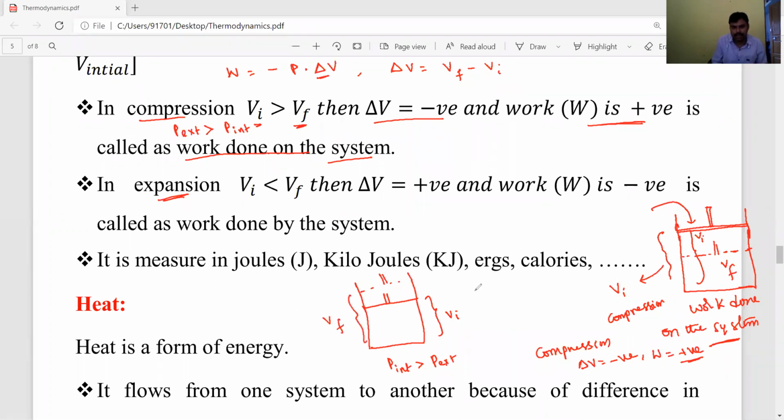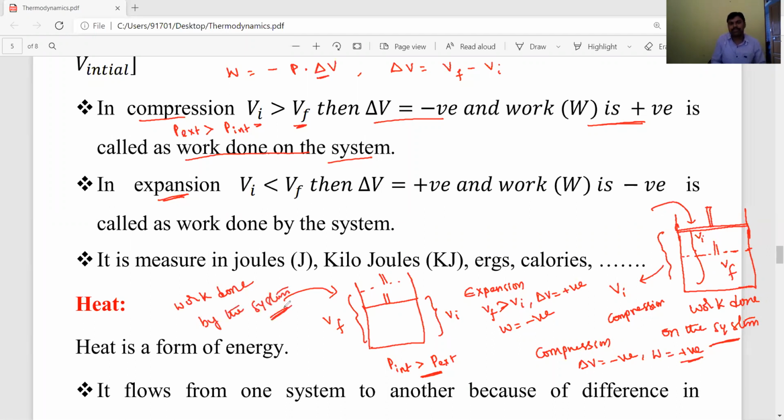In that expansion of a system, the final volume is more than the initial volume, delta V is positive and work is negative. If work is negative, it is called work done by the system.